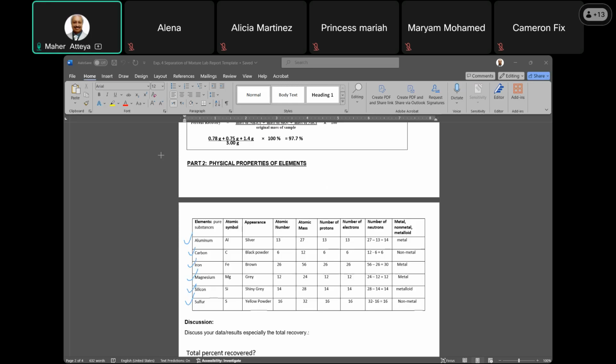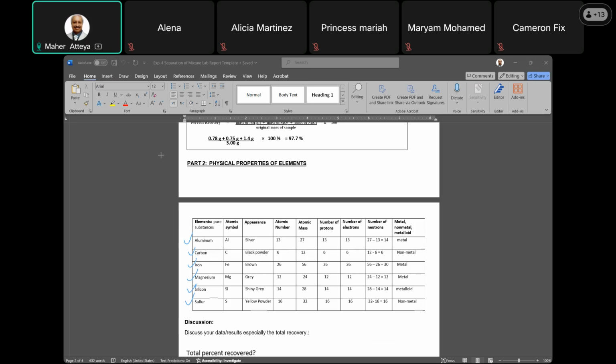It's the same vials, but they put those elements inside. You have 6 vials, 6 elements, and they write the name of that element so you are not confused which is which. They give you aluminum, carbon, iron, magnesium, silicon, and sulfur.